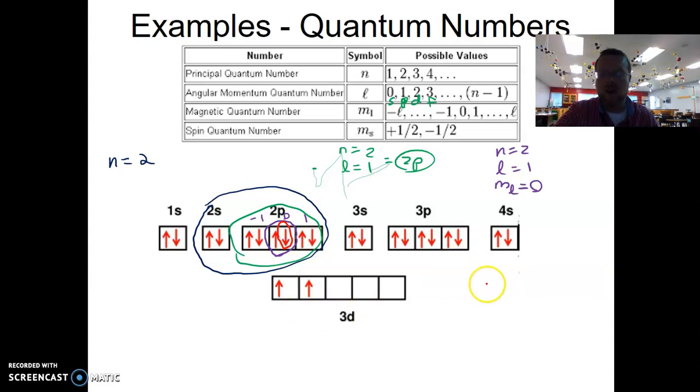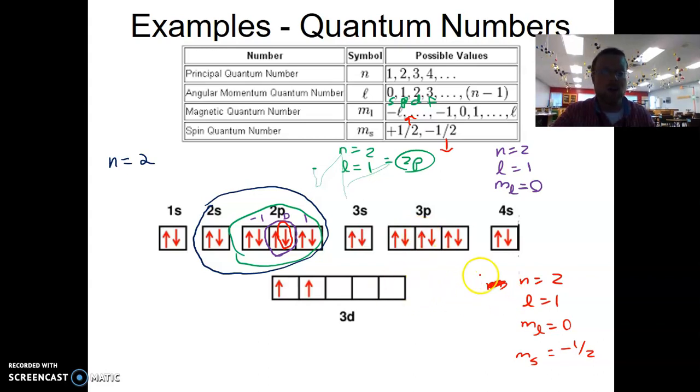Well, I'd have the same information I had before in terms of n equals 2, because we're in the second energy level, L equals 1, because we're talking about 2p electrons, m sub L is equal to 0, because we're talking about the middle box in the 2p, and m sub S would equal negative 1/2 to indicate that the electron is spinning down. Basically, m sub S could either be positive 1/2 for an up-spinning electron or negative 1/2 for a down-spinning electron.